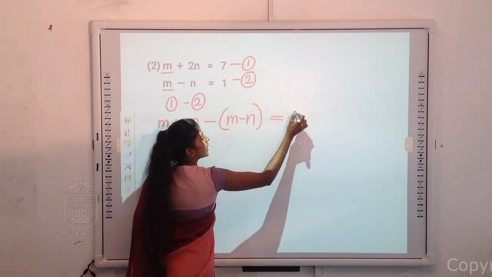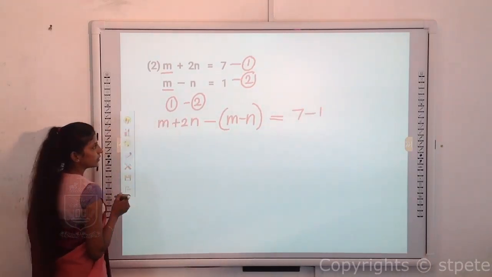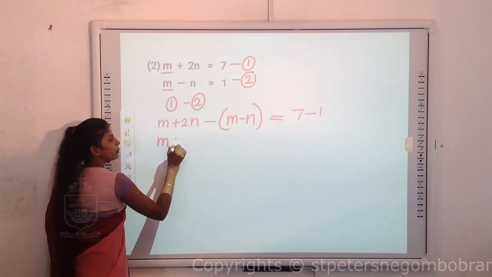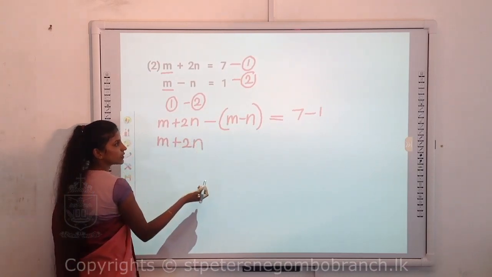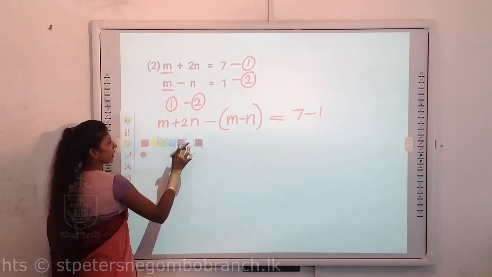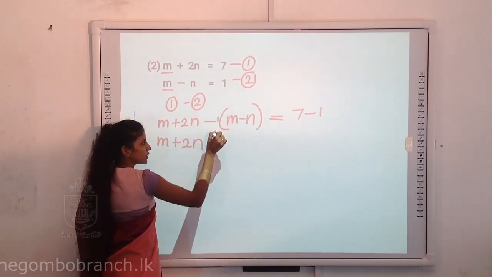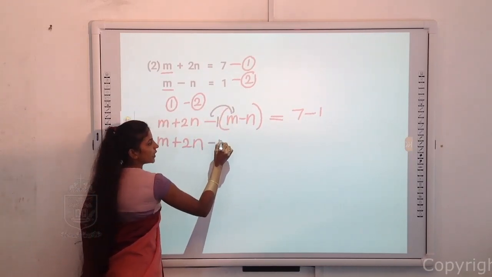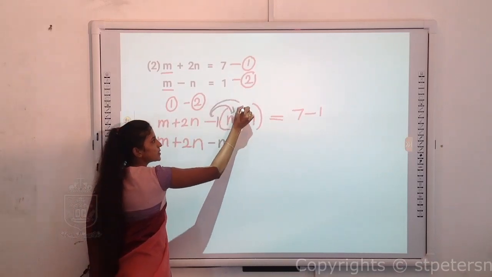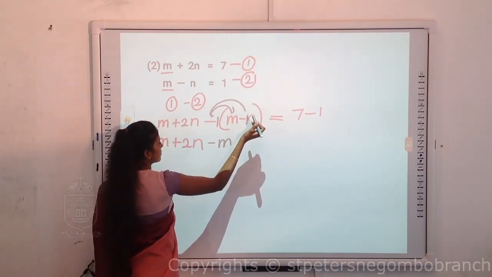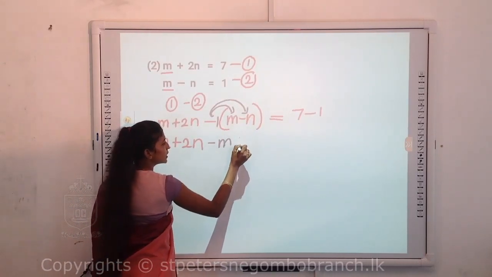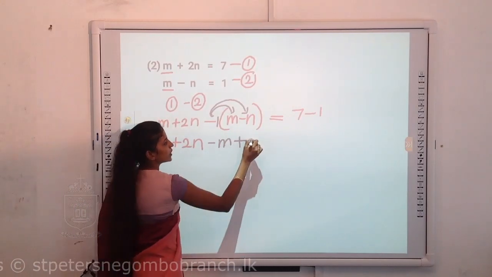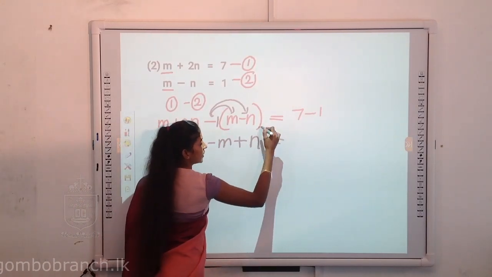Equals 7 minus 1. Now get the answer. m plus 2n. Remove the bracket here. When you are removing the bracket, here assume that you have 1 here. Minus 1 times m, minus 1m. Minus into minus. What will happen? It will become plus. 1 into n. 1n is remaining.